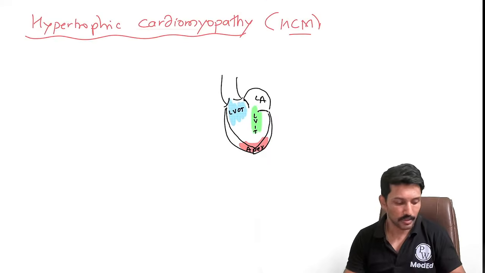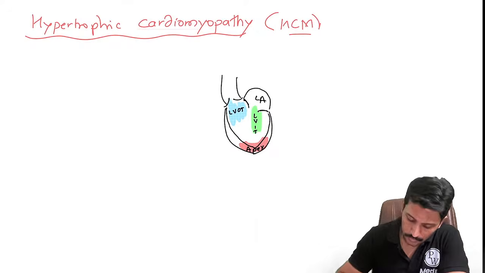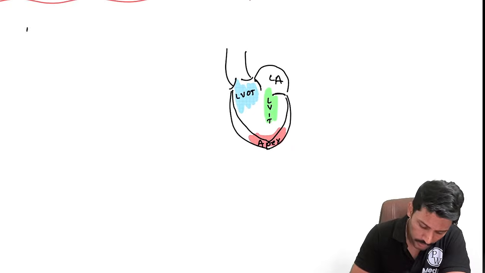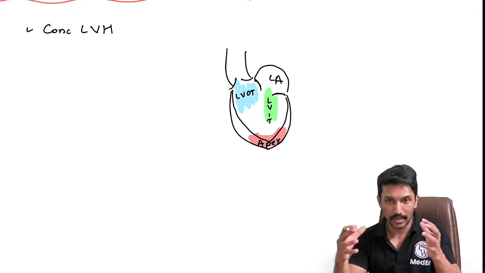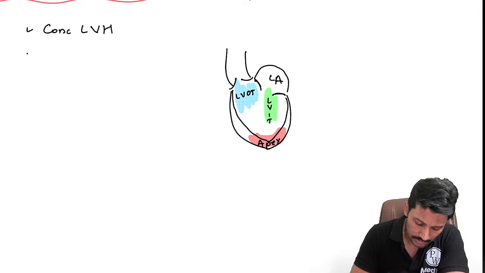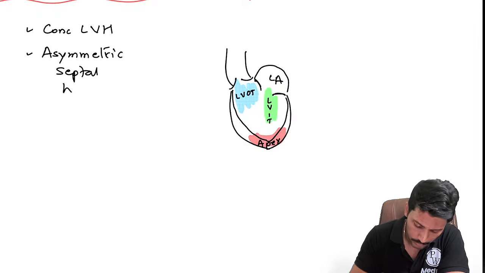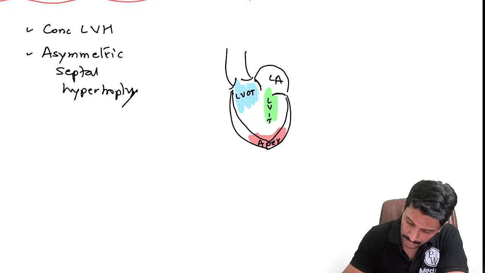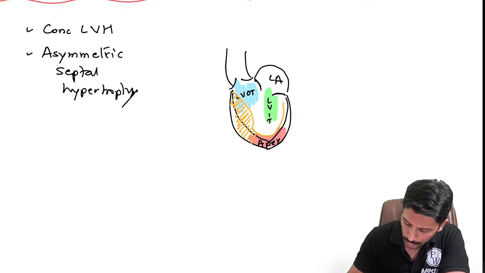Now what happens in hypertrophic cardiomyopathy is you develop a concentric type of LVH, means you start adding the muscle mass inwards, and this concentric type of LVH is associated with asymmetric septal hypertrophy. Asymmetric septal hypertrophy means you start adding the muscle inside, and you cause hypertrophy of the septum more than the free wall of the left ventricle.